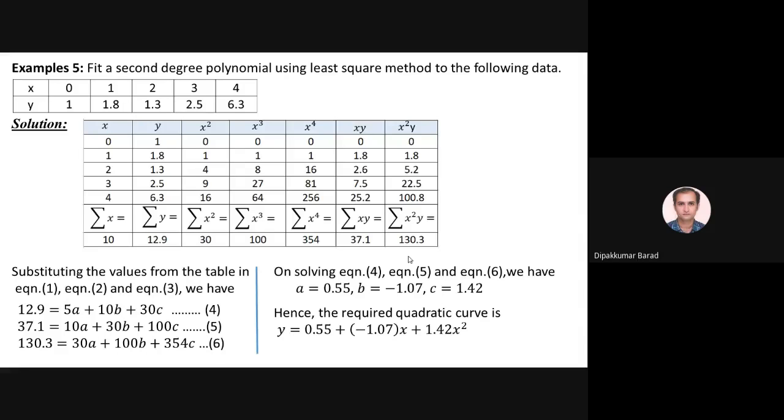So instead of linear equations, you have a quadratic equation, and then you get three linear equations after finding these values in the table, which you can solve by one of three methods: Gauss elimination, Gauss-Jordan, or inverse of a matrix. Then get a, b, c. You put these values in the quadratic equation, so you get the quadratic curve.